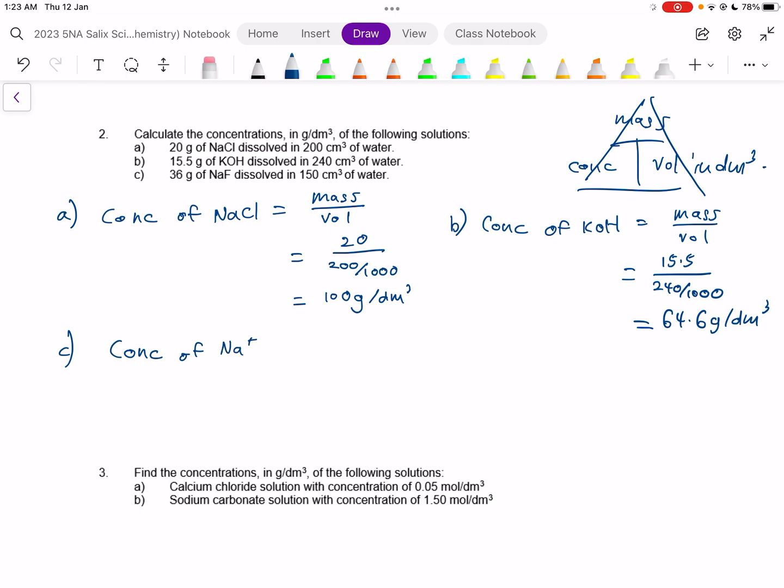Concentration of my NaF. Mass over volume. Mass is 36, volume is 150, but remember to divide by 1000 to convert it to dm cube. Centimeter cube to dm cube conversion, once again divided by 1000. 240 gram per dm cube.